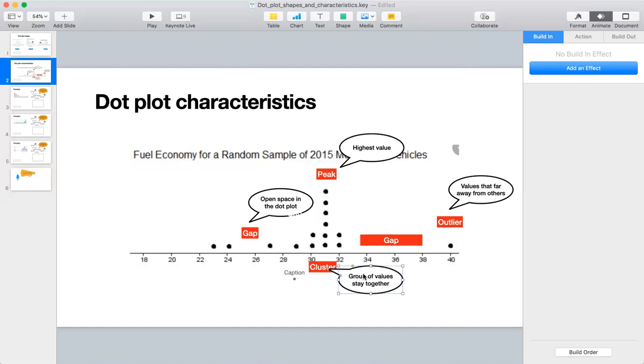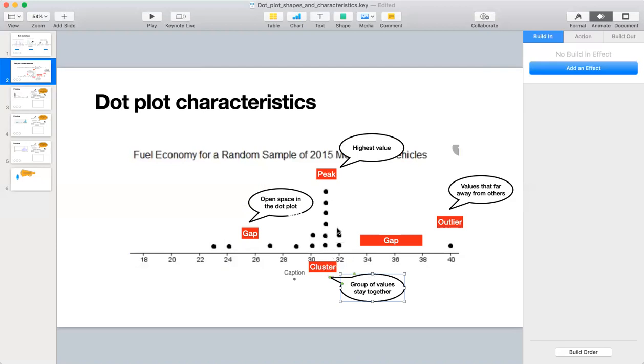Okay, so let's recap. Gap means there's a blank in your data set, an open space in a dot plot. When nothing happens in between, we call it a gap. Peak is the highest value, the one that looks like the mode.